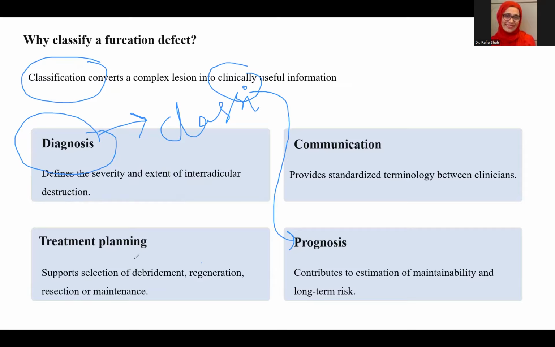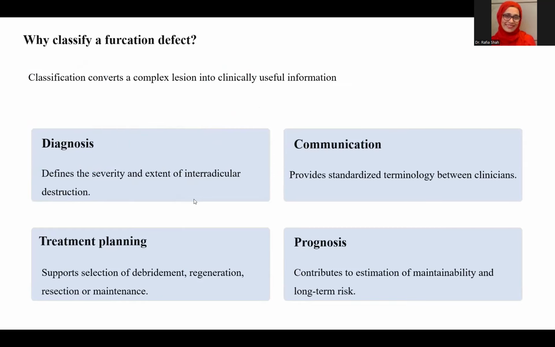It means we will be treating this case simply with non-surgical treatment or with a surgical treatment. We will talk about all these in detail later, but I just want to give an overview of why diagnosis is essential.